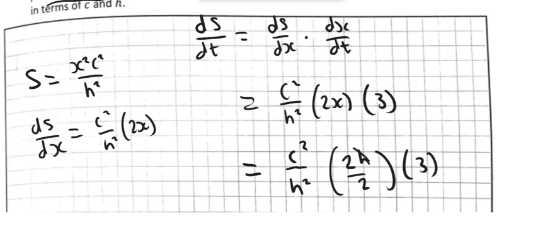So h cancels one of the h's on the bottom. The 2's are just gone. So we're left with 3c squared over h. Yep, that's what I got. Right, so that's all for question 10, and that's it for all of 2023 higher paper 1.